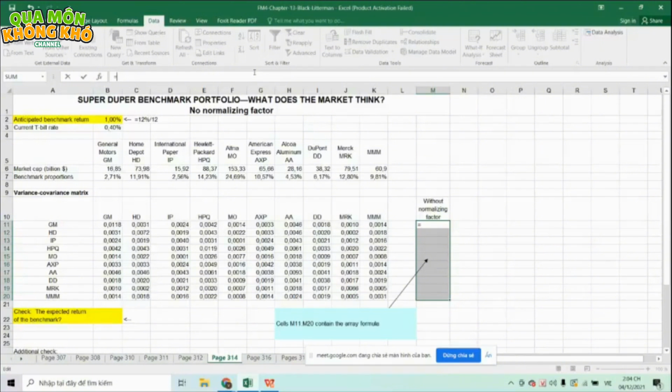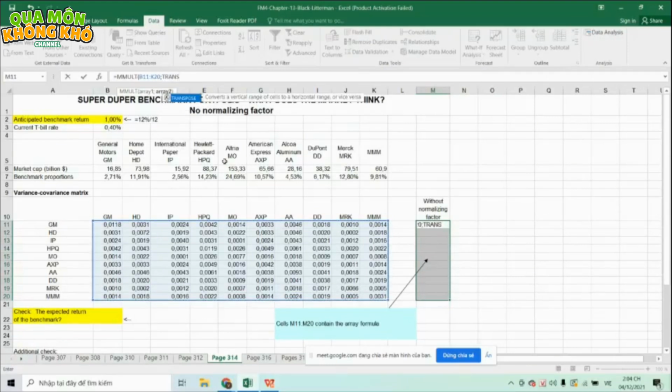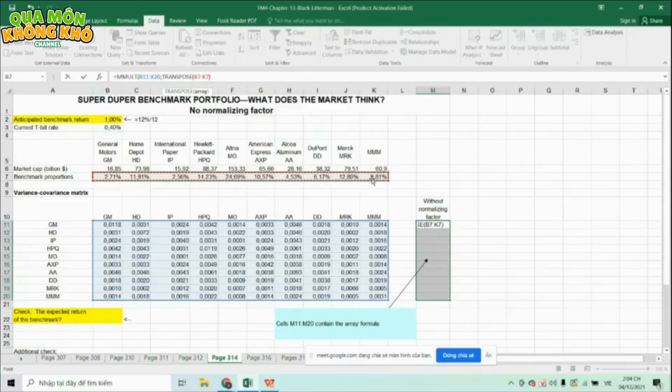We will use the function MMULT of this range, and we'll multiply it with the transpose of the benchmark portfolio. Then we will add the risk-free rate.